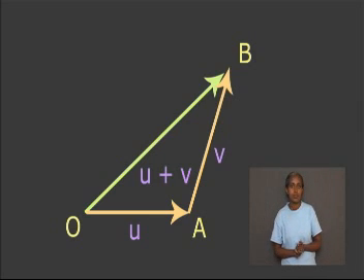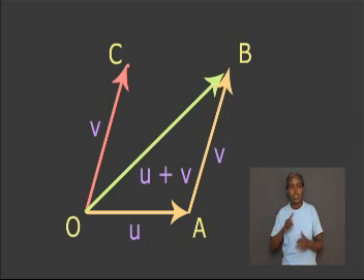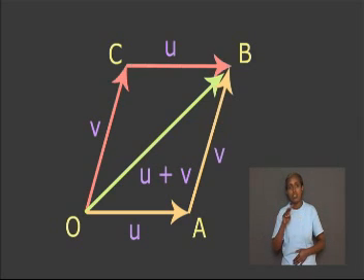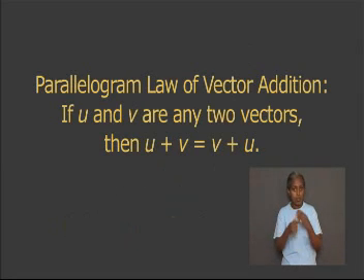You can see that if we draw vector v from the origin, then draw vector u from v's terminal point, we are left with an identical result. Therefore, we can conclude that u plus v yields the same sum as v plus u. This is known as the parallelogram law of vector addition.